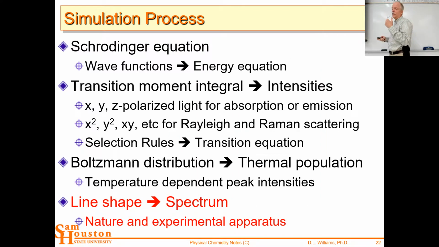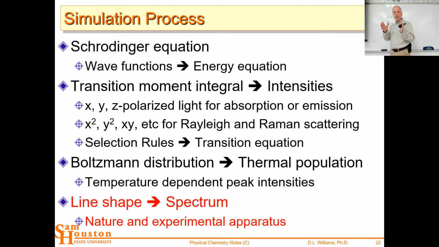And so now we're at the last piece of the puzzle for simulating a spectrum, putting a line shape function on all of these transitions. And so this comes from our apparatus, how narrow our slits are, how good our monochromator is, how it disperses light. But it has to do with nature too.